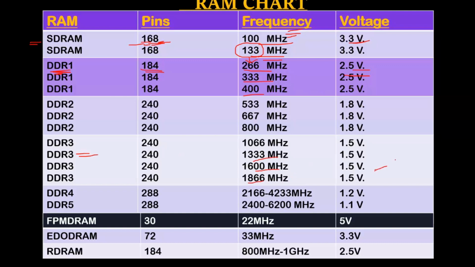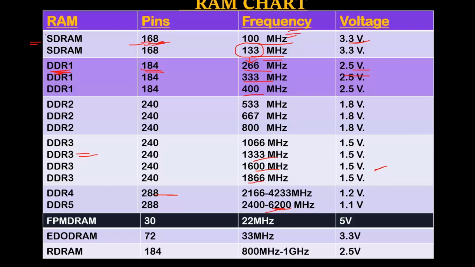That is the frequency, and the voltage 1.5. In DDR4 288, and frequency available from 2166 to 4233, and in DDR5 the pins is same and frequency available 2400 to 6200 megahertz. So here you can see the difference. Means now the latest RAM provides this frequency 6200 megahertz.